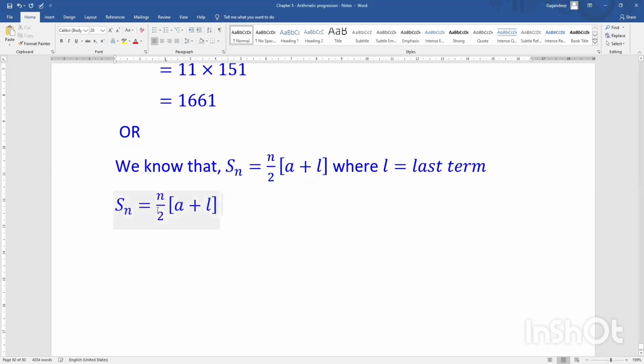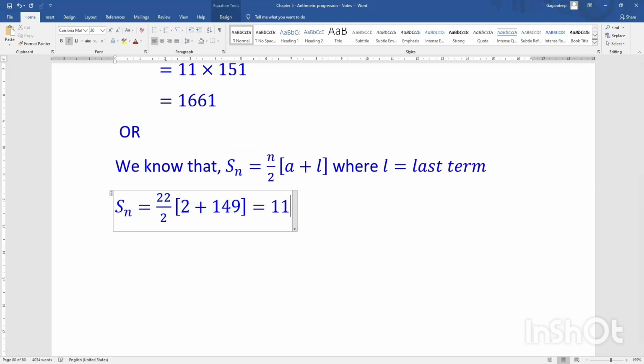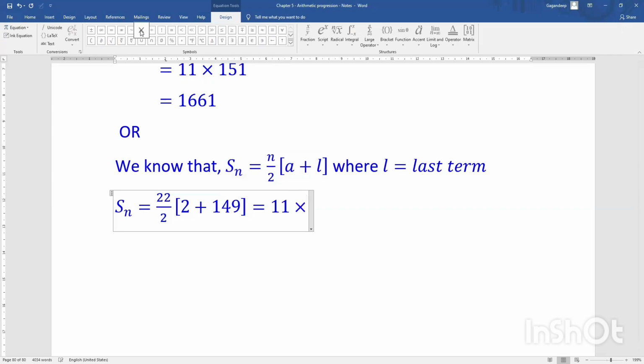Sn is equal to n, which I write as 22, 22 by 2, into a, which is 2, plus l as the last term, 149. 22 by 2 is 11, so it becomes 11 into 151, which is equal to 1661.